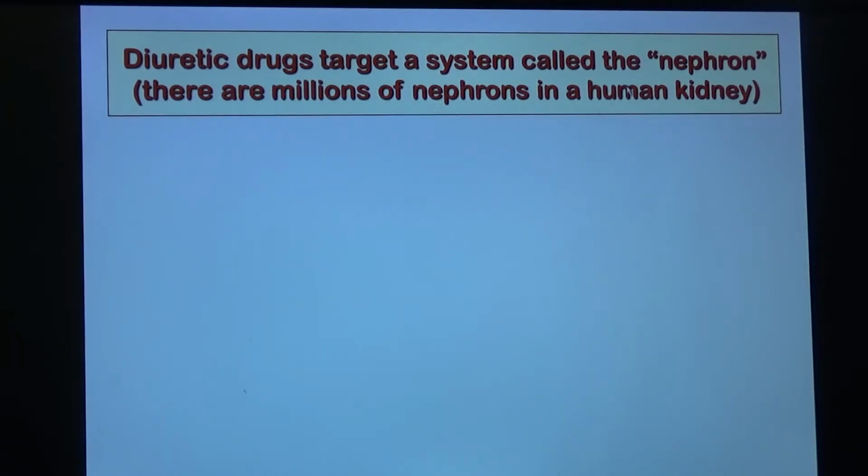It's part of the system that the kidney uses to filter blood and reabsorb ions and nutrients and things like that. So they don't all get excreted, but diuretics sort of affect that system, and that's pretty much how we can cause increased urine production. All right.